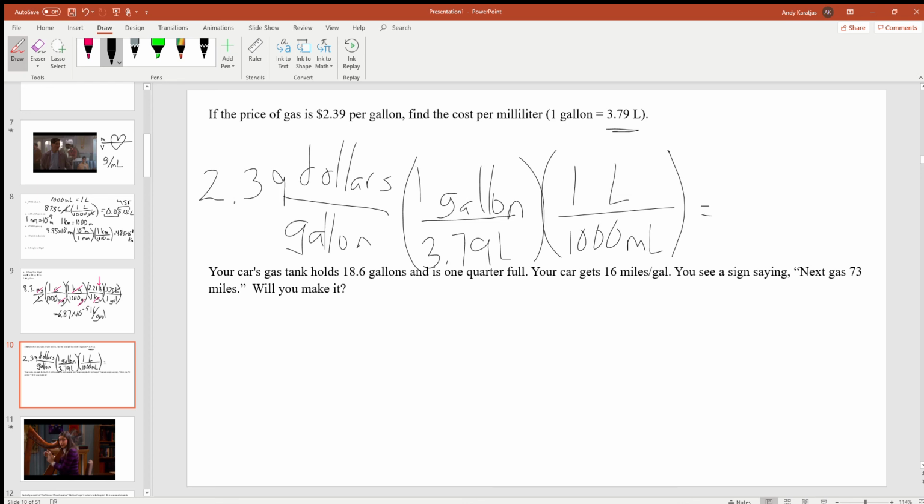And we find that if the price of gas is $2.39 for a gallon, then to buy 1 milliliter of gas, it is going to be 6.31 times 10 to the minus 4th dollars per milliliter.